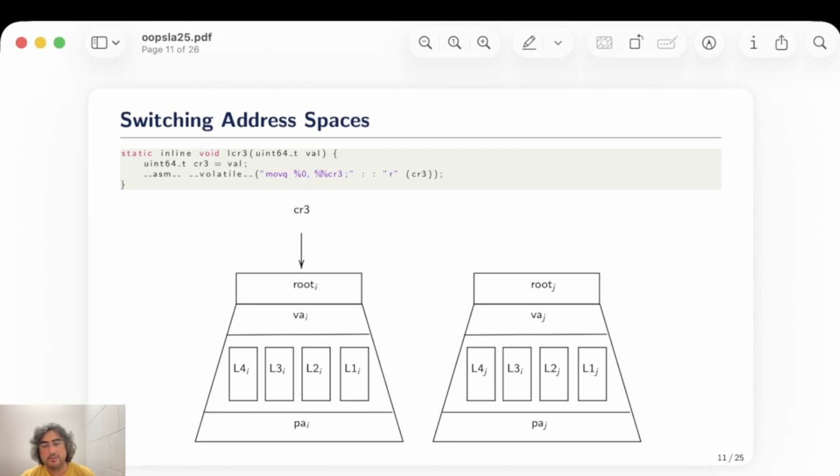It's loading the address space name, or identifying piece, into the designated control register CR3. As we see on the top, inline assembly, it's one move instruction loading CR3. Now we have CR3 pointing to root I, and then we will switch into root J by loading root J into it.